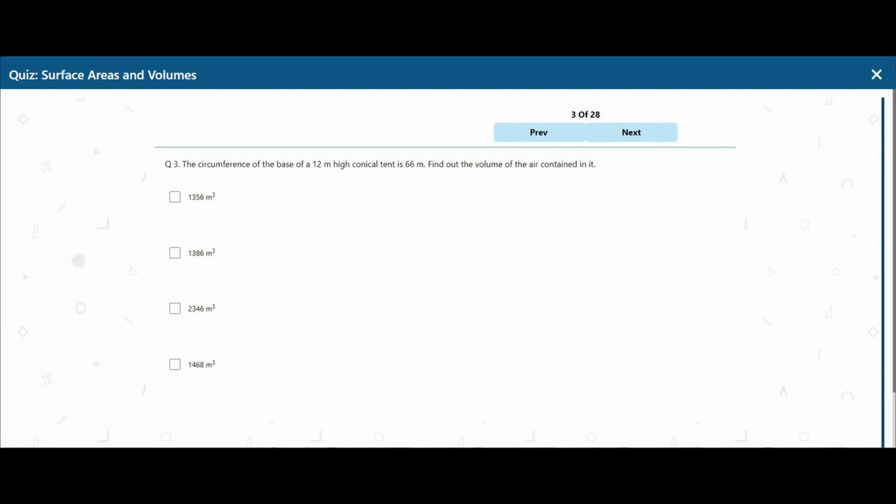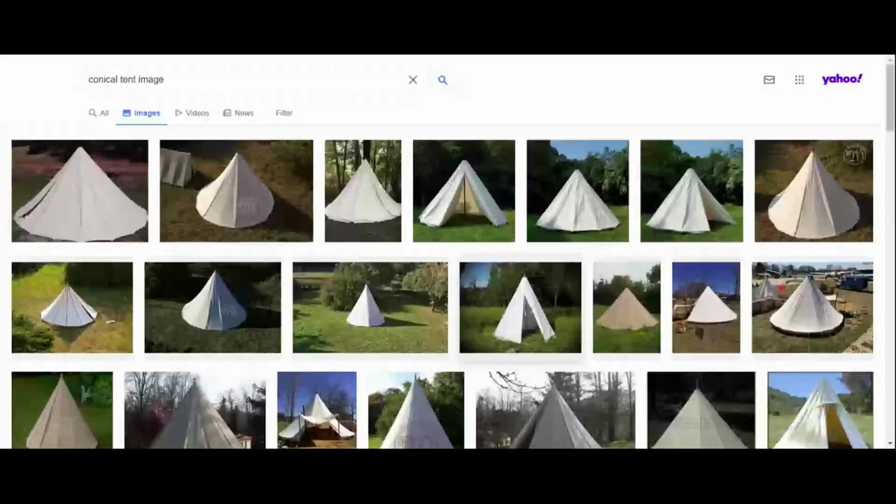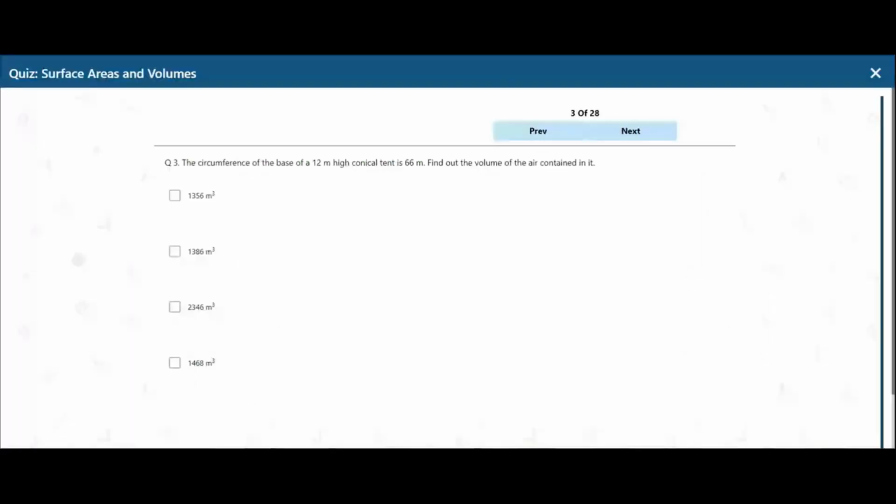Tent in the form of a cone. Can you see this? Conical tent. Yes, ma'am. So 1/3 pi r squared h you have to find.